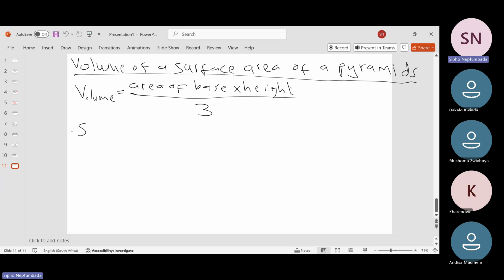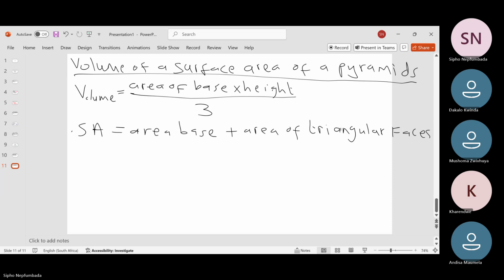And the surface area is equal to area of base plus area of triangular faces.